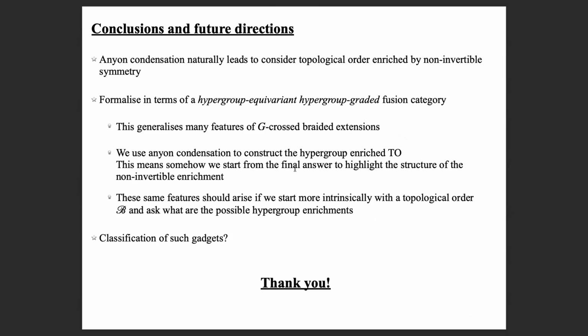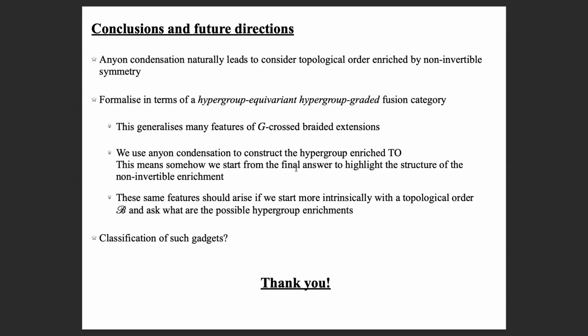Now, I would like to stress that even though with this construction we somehow start backwards, because we start already with the theory you would obtain after equivariantization and go to anyon condensation, so you start somehow from the final answer.